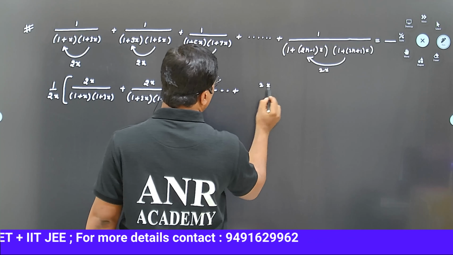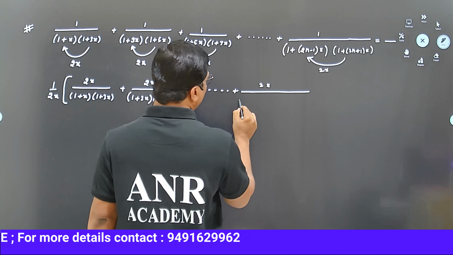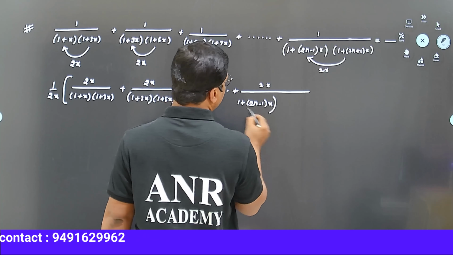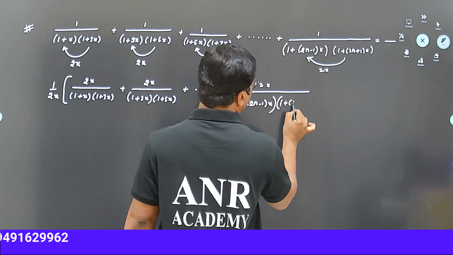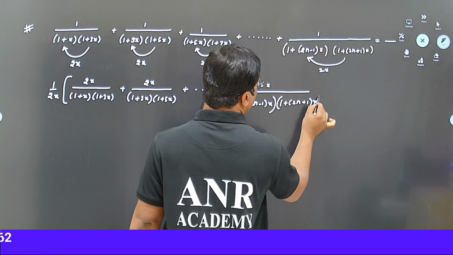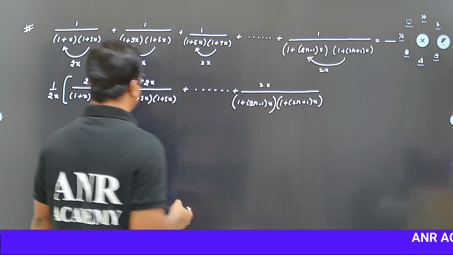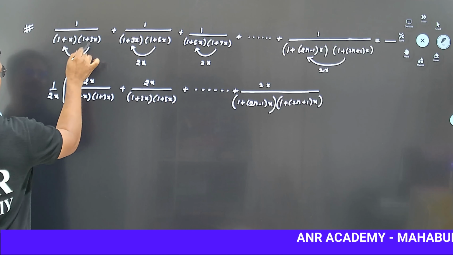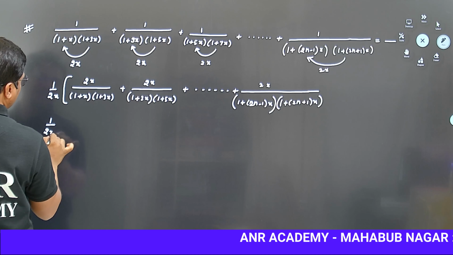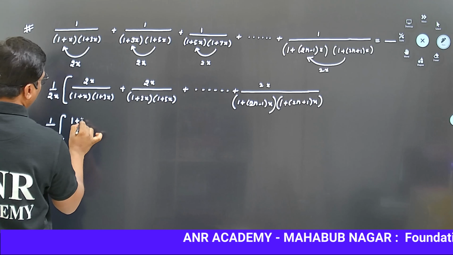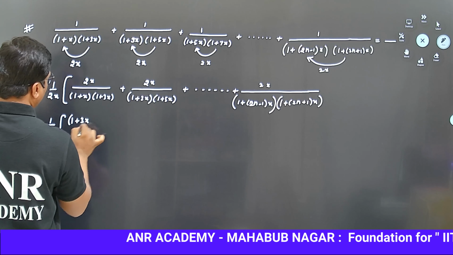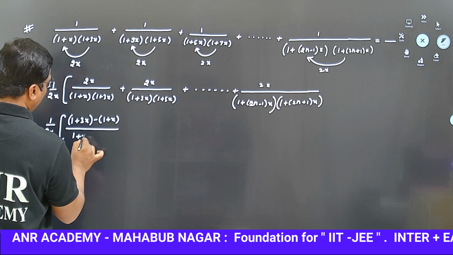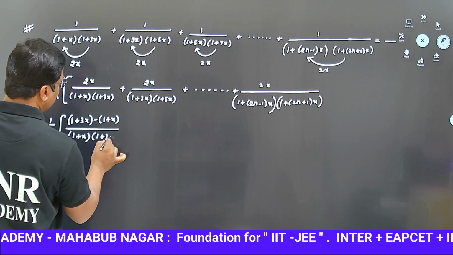Continuation, 2x whole divided by 1 plus (2n minus 1) x, 1 plus (2n plus 1) x. Yes, now since the difference of last and first terms is 2x, now you can write here 1 plus 3x minus 1 plus x divided by 1 plus x into 1 plus 3x.